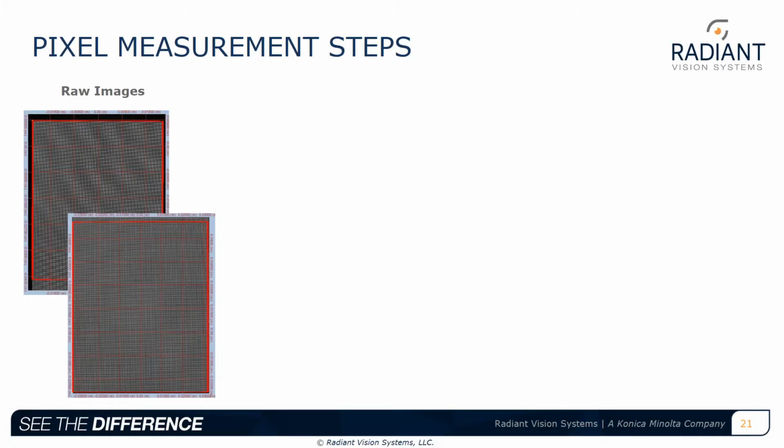So this slide will demonstrate a two-camera approach of imaging a single display. First, we start with the raw measurements, where we first have to locate the display pixel within the image. And that is what the red border around the two raw images represents.